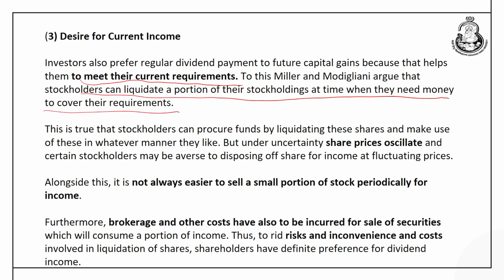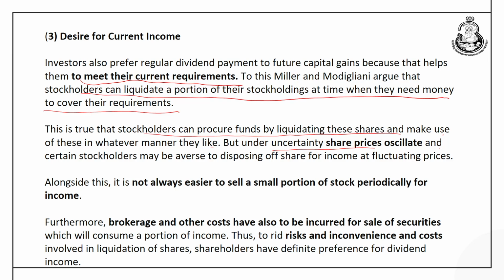Let us see whether it is really true in the real-life scenario or not. The stockholder can procure funds by liquidating these shares and make use of the liquid money in whatever manner they like, but under uncertainty share prices fluctuate and certain stockholders may be averse to disposing of shares for income at a fluctuating price.